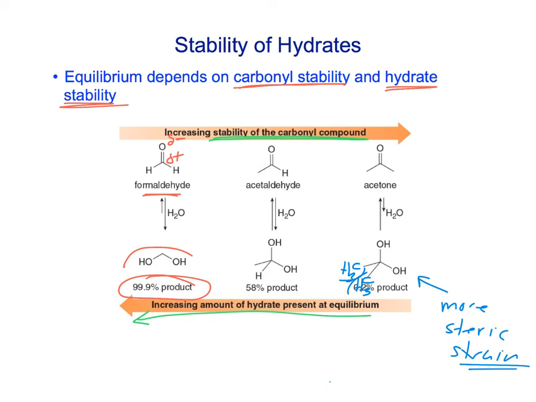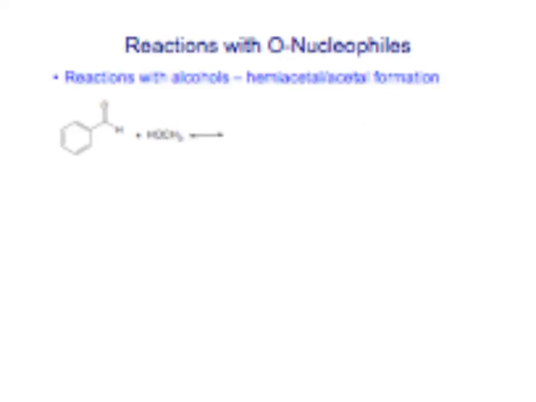If we have acetaldehyde, we have almost 1-to-1, and we can't see it over here, but if we have acetone, it goes completely the opposite direction, only 0.2% of the hydrate. Okay? So these hydrates in general are not that useful to us. Okay? But the process is important with an alcohol.